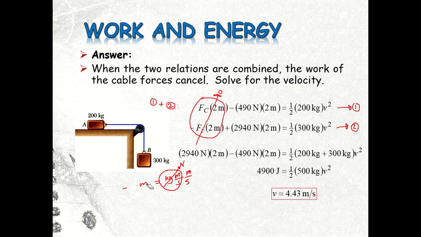The unit in Newton meter is equivalent to joules, and you have kilogram meter per second squared, which is also Newton. So you have Newton meter, which cancels out, and what is left is in terms of meter per second. Okay, so that's it for this example.